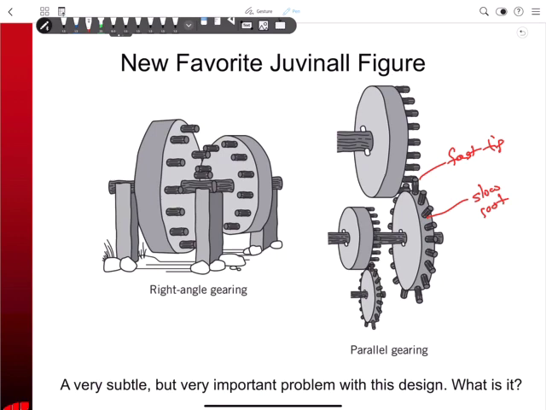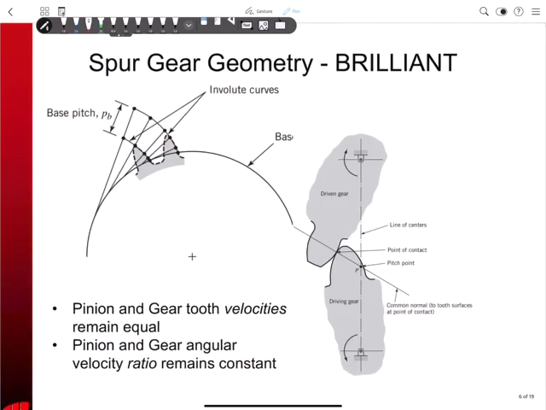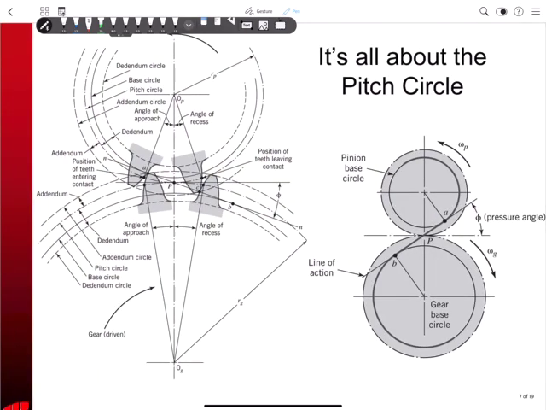We have to do something special, and the special thing we do is make this involute gear geometry, the involute curve, and then the ratio of angular velocities always remains constant. That way they mesh smoothly and continuously, and it's not a jerky, violent motion of gear tooth engagement.